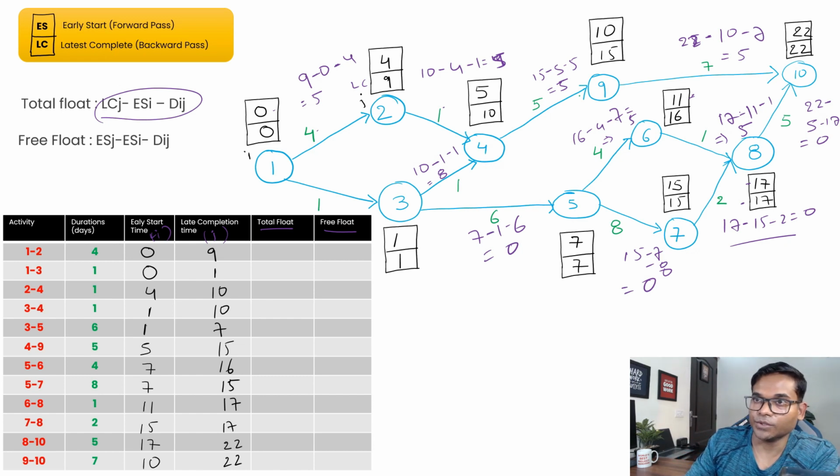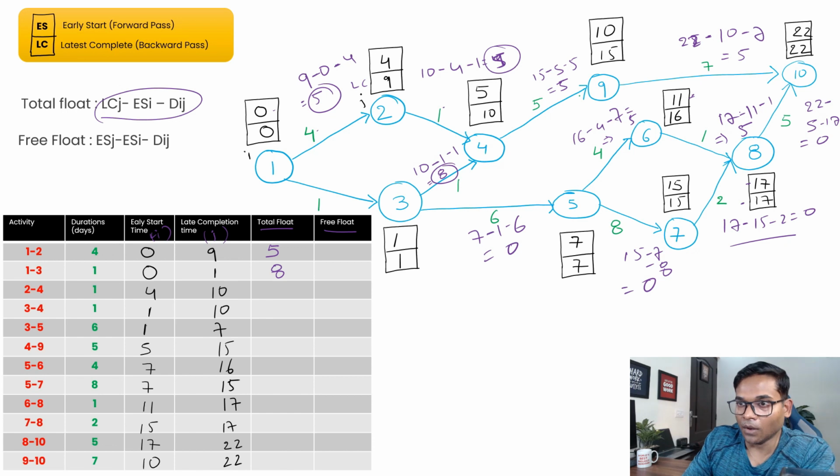Let's say from 1 to 2, the total float is 5. 1 to 3, the float is 8. 2 to 4, where is 2 to 4? 2 to 4 is this one, sorry, 5. And then 3 to 4, I think we already did it, right? 3 to 4 is, oh, 3 to 4 is 8, but 1 to 3 we haven't calculated, right?